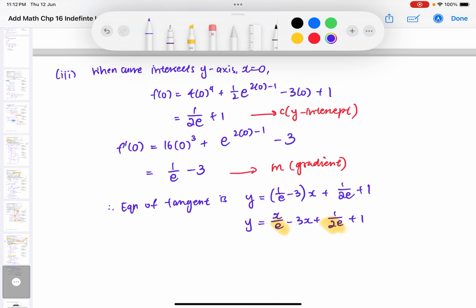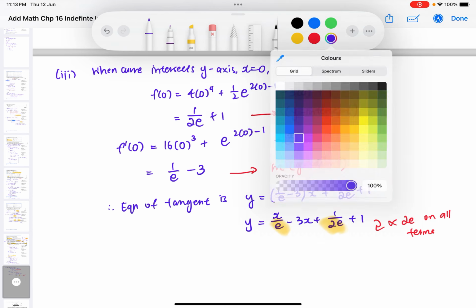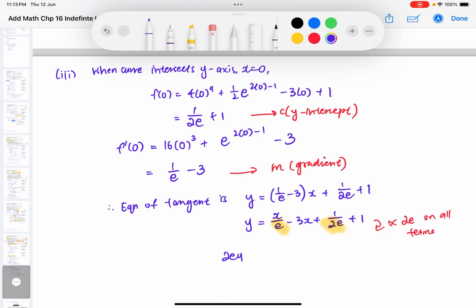So in this case, I'm going to multiply 2e on all the terms. That will give us 2ey equals to 2x minus 2 times 3, that's 6ex plus 1 plus 2e.